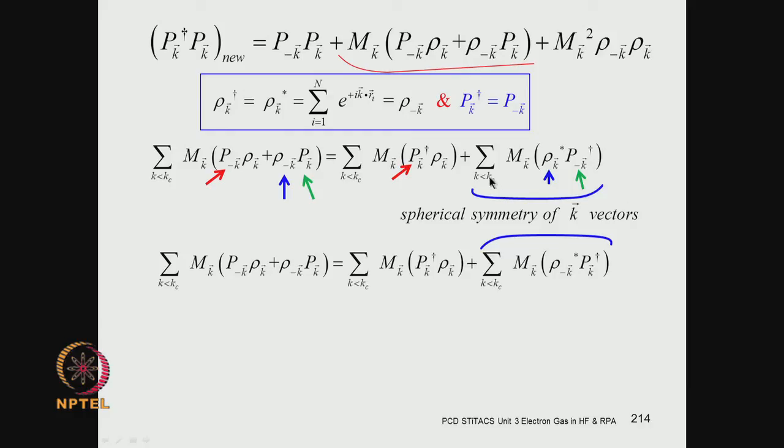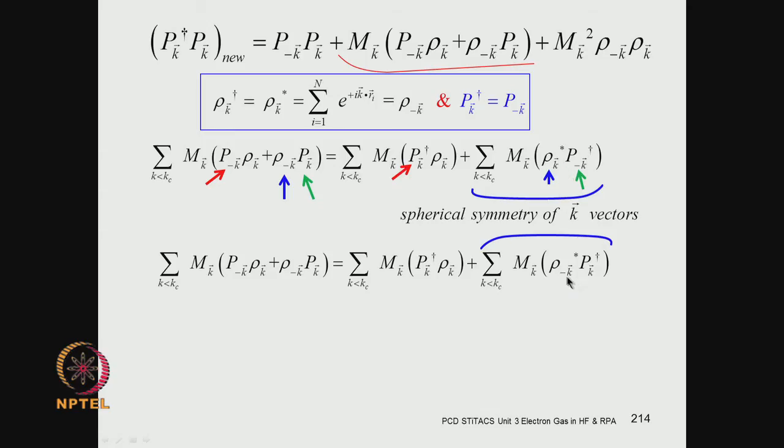Now here you have got a summation over all the wave vectors, but there is a symmetry in the k space which we discussed yesterday also. So we can easily carry out this summation over minus k just as well. It does not matter whether you carry out the summation over plus k or minus k, because you are going to pick up under the summation all vectors in the momentum space.